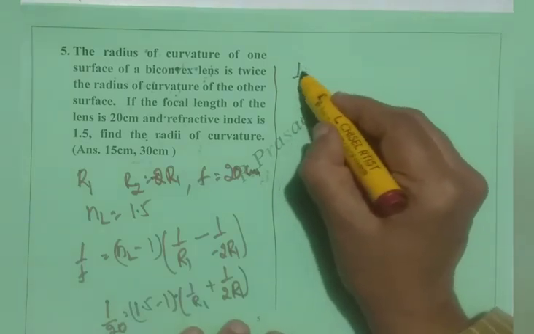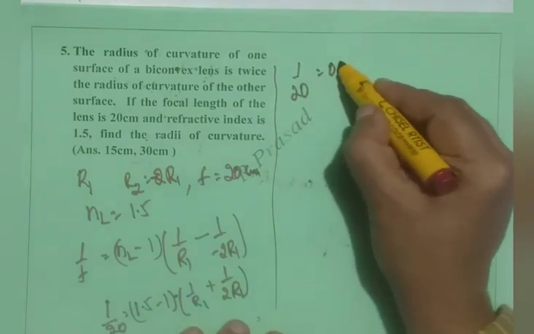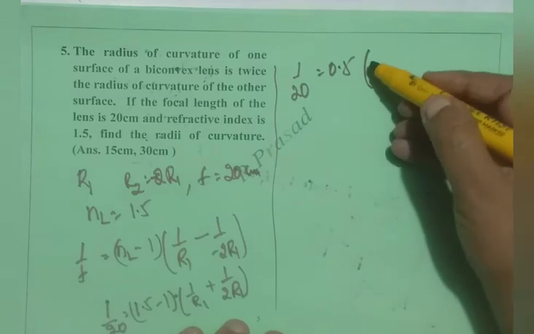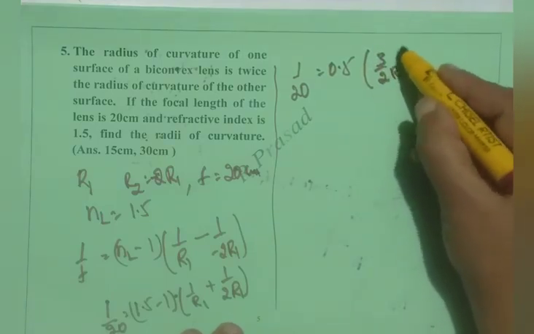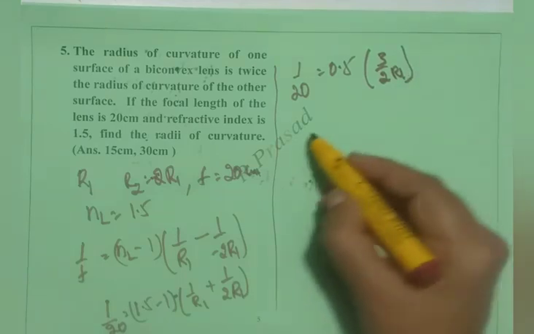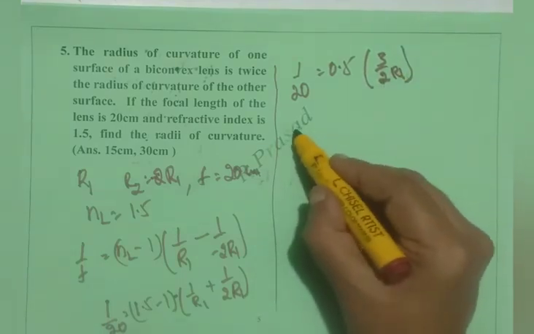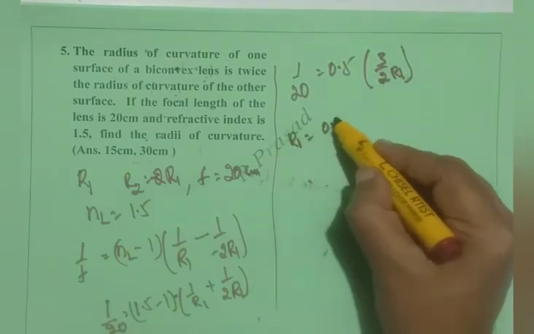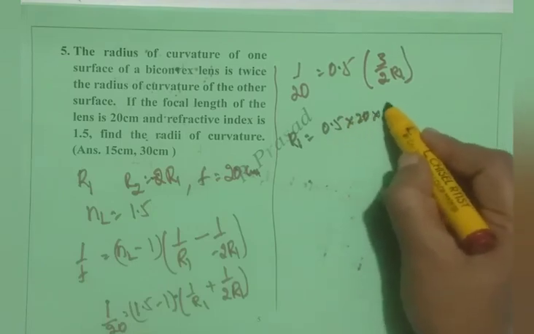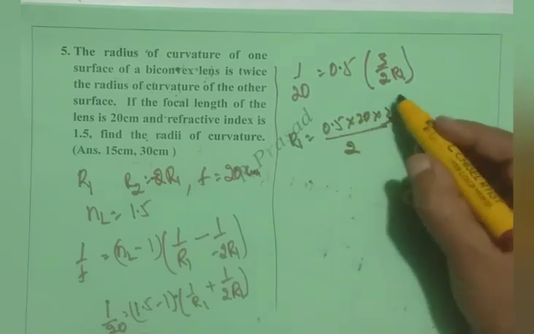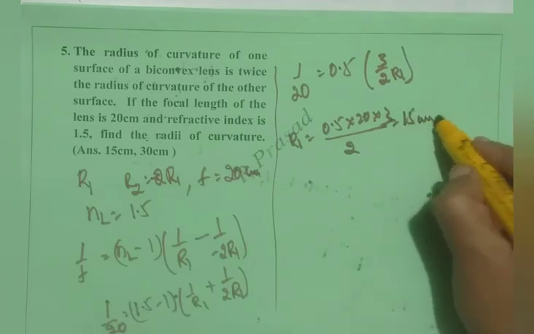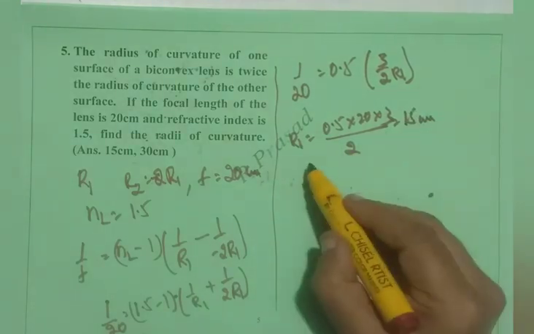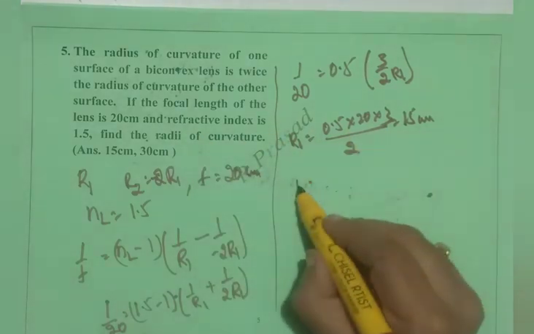Now we calculate 0.5 into 3 by 2R1, which amounts to R1 equals 0.5 into 20 into 3 by 2, which is 15 centimeter, as given in the answer.